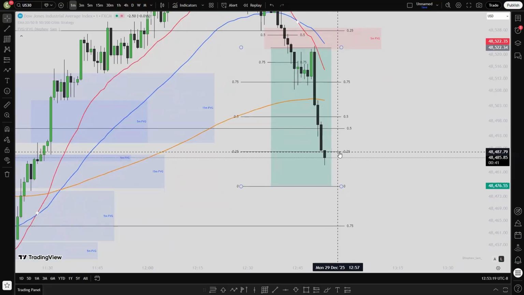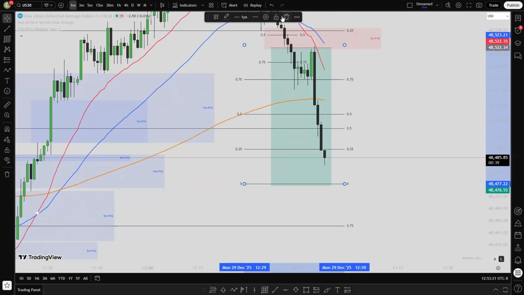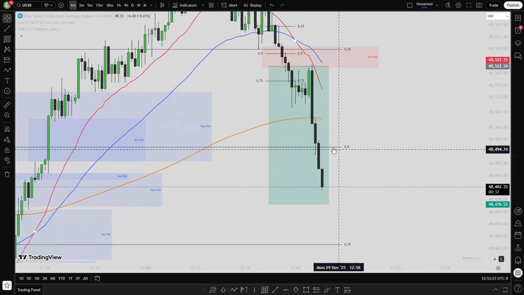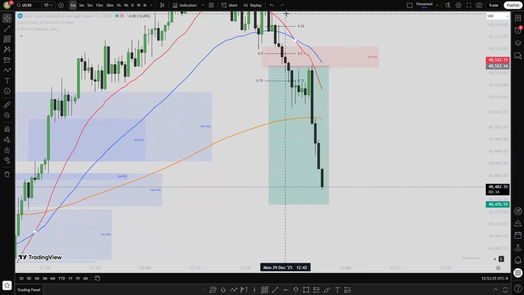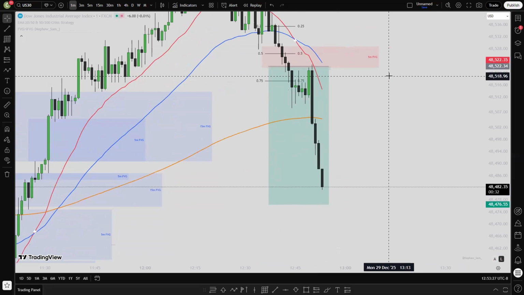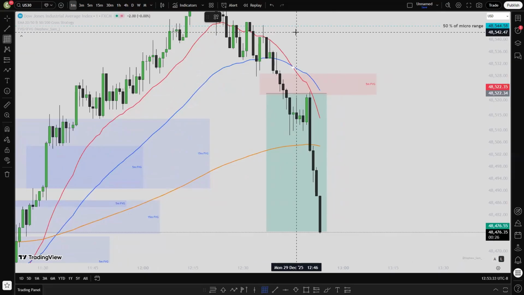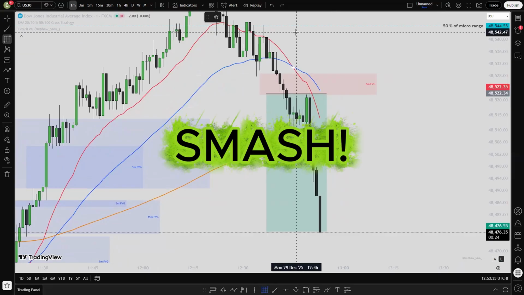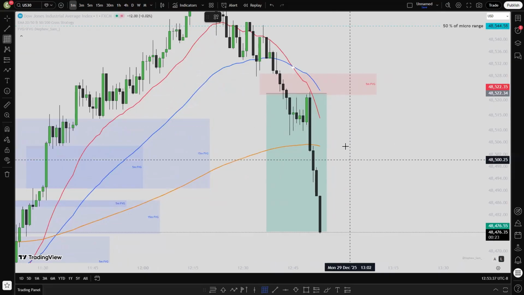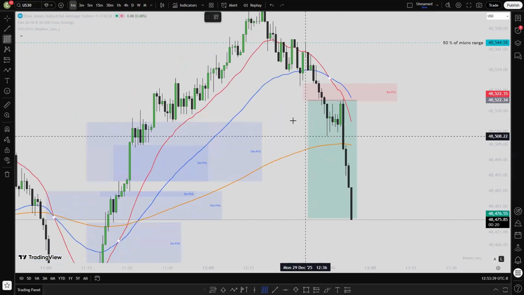Sorry, I must have got the GAN boxes mixed up. And there we go. Take profit is hit. Right on. A 1 to 2.